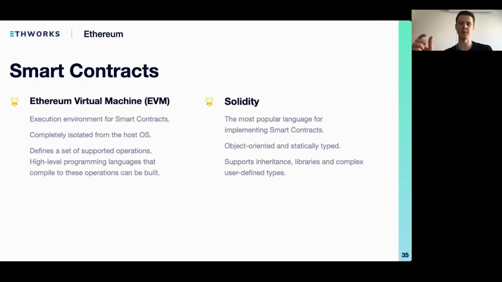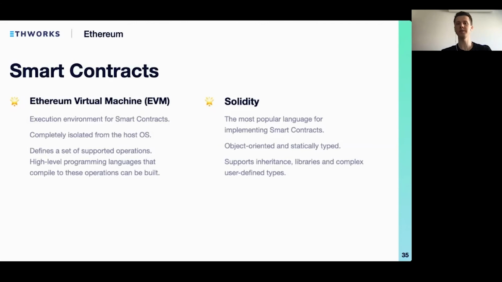So Solidity is the most popular language that was implemented on top of the Ethereum Virtual Machine. There are many other languages, but you can say that Solidity is the standard one right now. It's object-oriented and statically typed. It supports inheritance, libraries, and you can define your own types there.